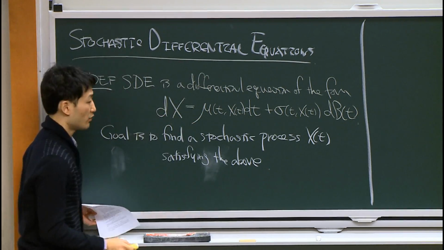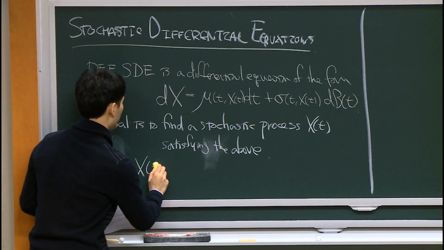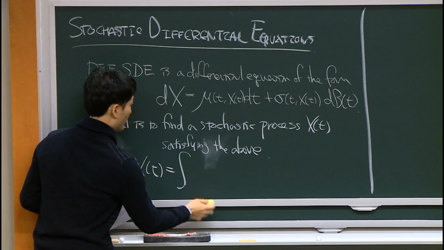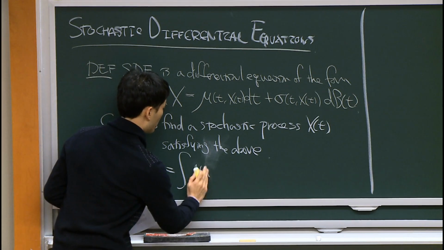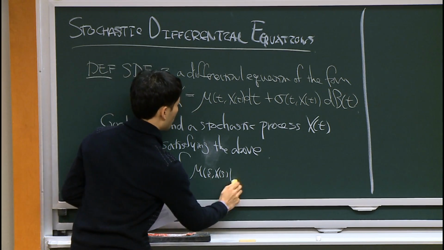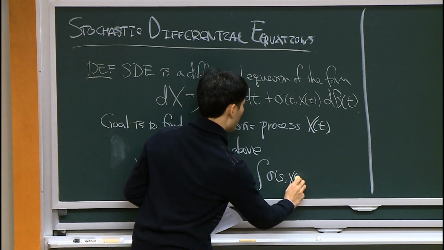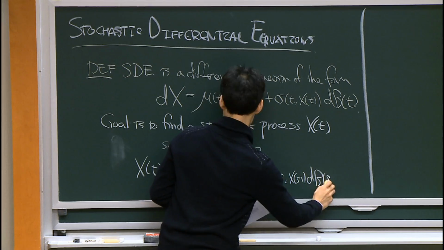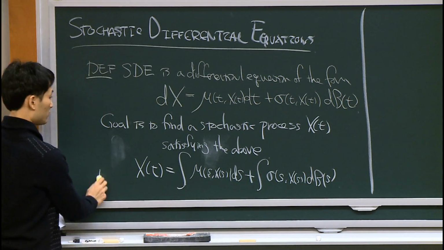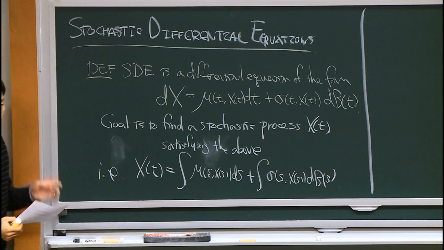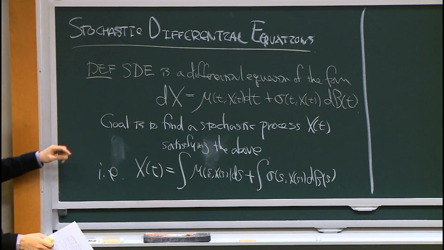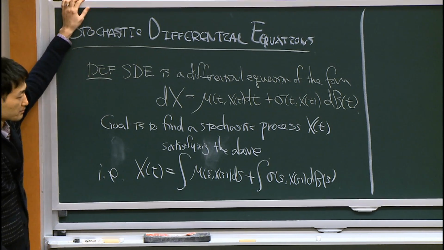In other words, we want x of t to be the integral of mu ds plus sigma dB_s. The goal is clear. We want that.